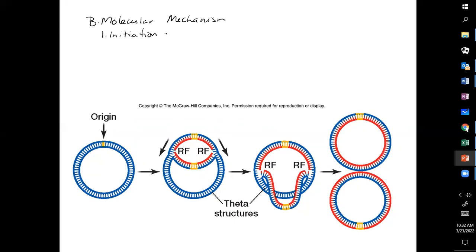The location for the initiation of replication is not random. DNA molecules have specific sites where replication occurs, called origins of replication.